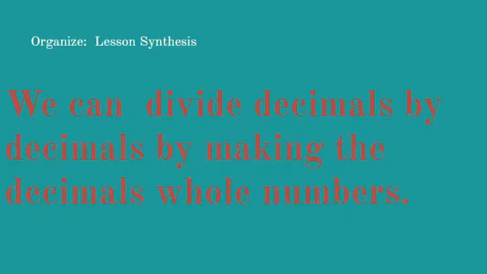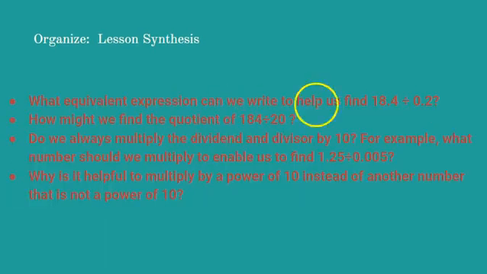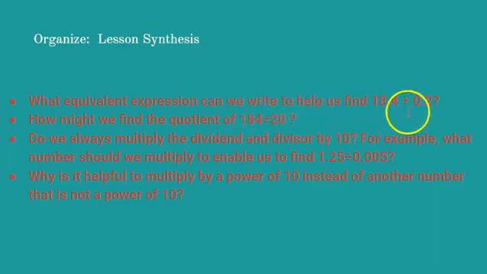So to sum it up, we can divide decimals by decimals. Making those decimals into whole numbers can help us. In this case, we have 18 and 4/10 divided by 2/10. This wouldn't be the same as 184 divided by 2, right?